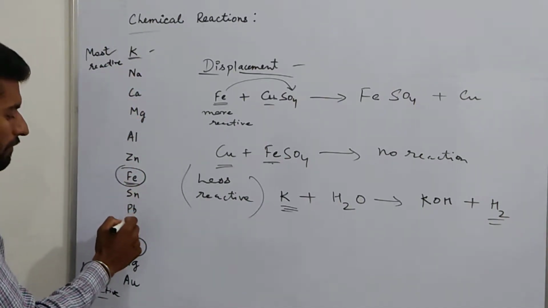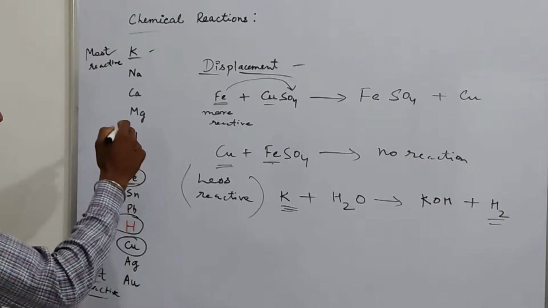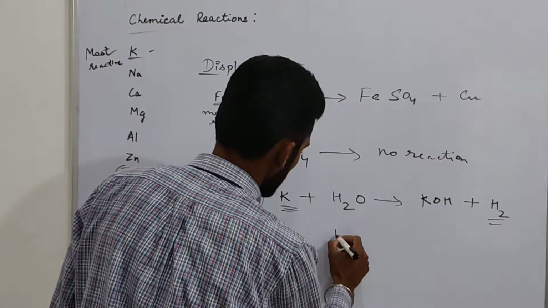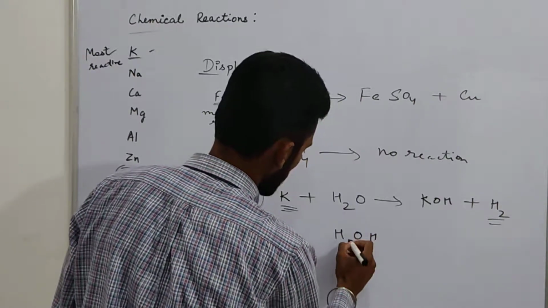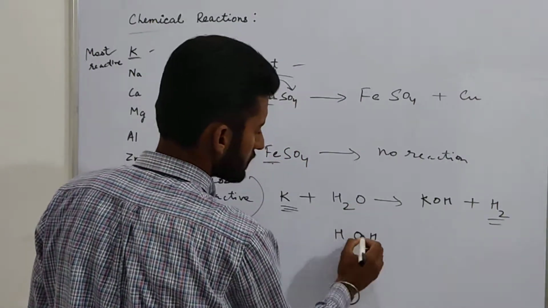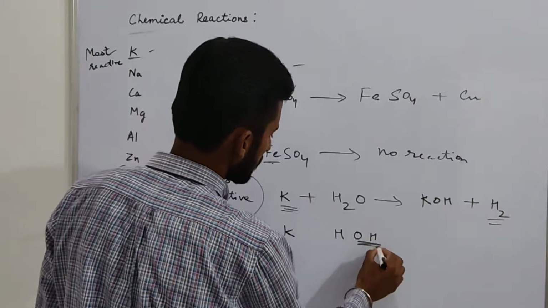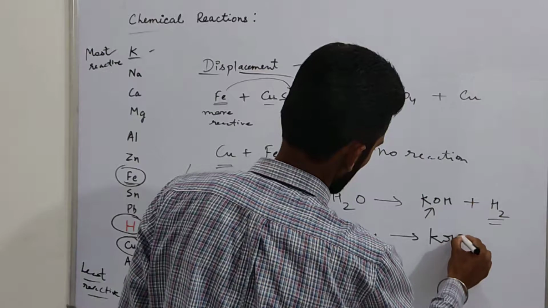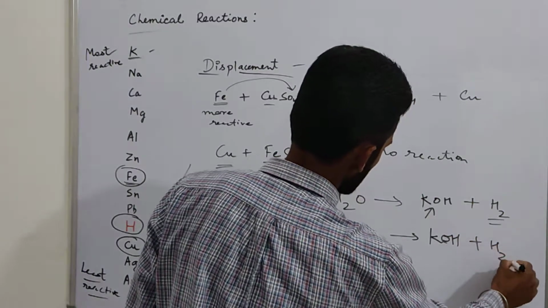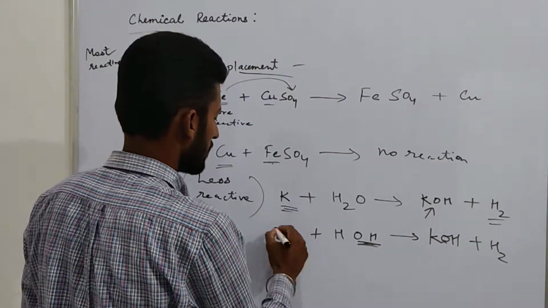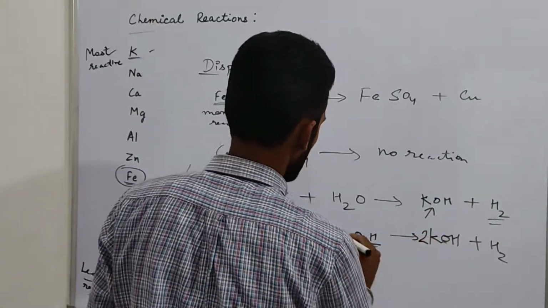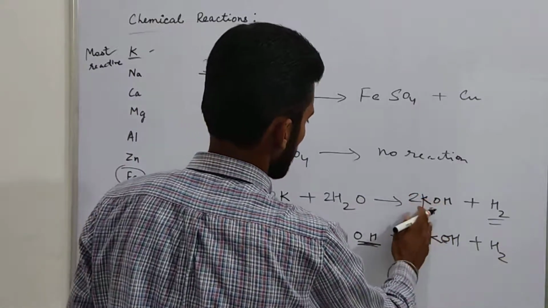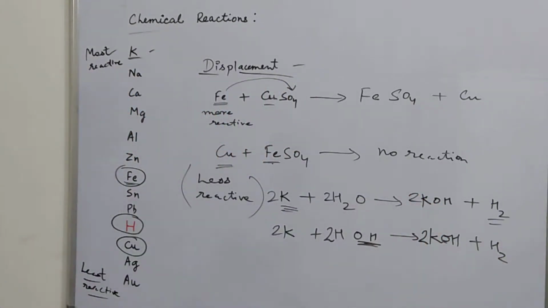Potassium has much more reactivity than hydrogen. Water can be written as HOH. So K combines with OH and KOH is formed, along with hydrogen gas released. You can balance this one. Clear? So this is a general reaction.